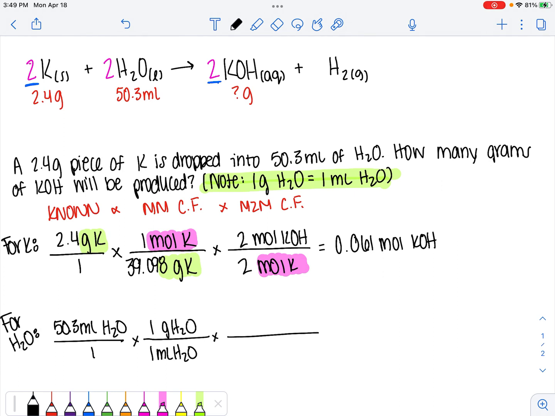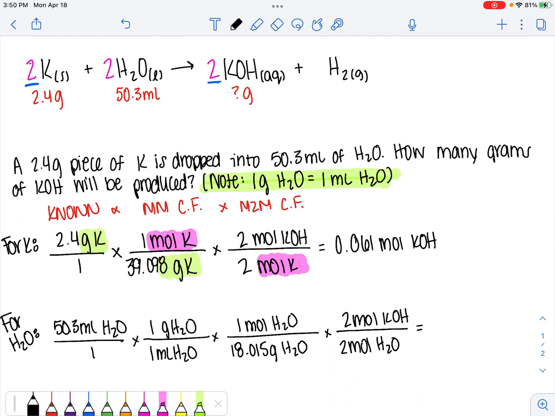We're going to need that molar mass conversion factor. So for every 1 mole of water, there are 18.015 grams of water. And then we need the mole to mole conversion factor. And in this equation, it happens to work out that we have 2 moles of water per 2 moles of potassium hydroxide.